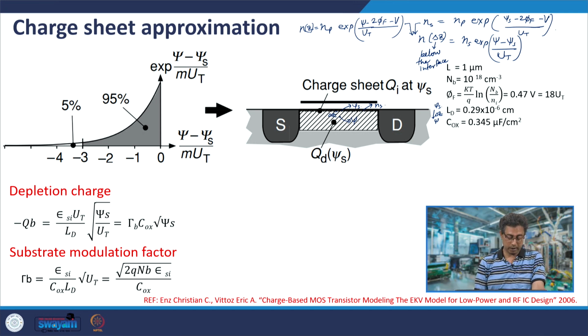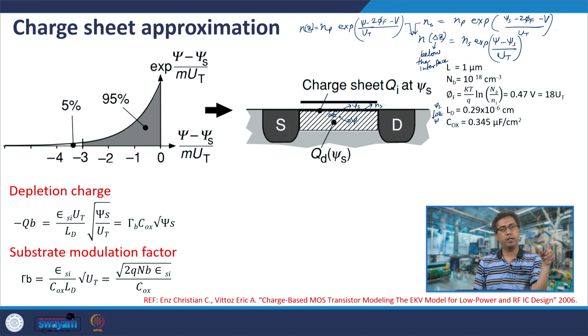So, now let us look at the depletion charge density. How much is the depletion charge density in this? In the f function, we had seen that in moderate and strong inversion, only the linear term chi s by ut remains. The exponential terms, one is because of accumulation charge, which is anyway negligible, and the other one is because of inversion charge.